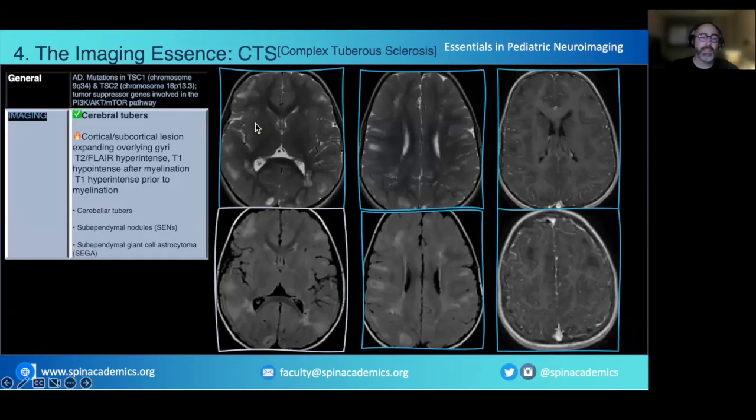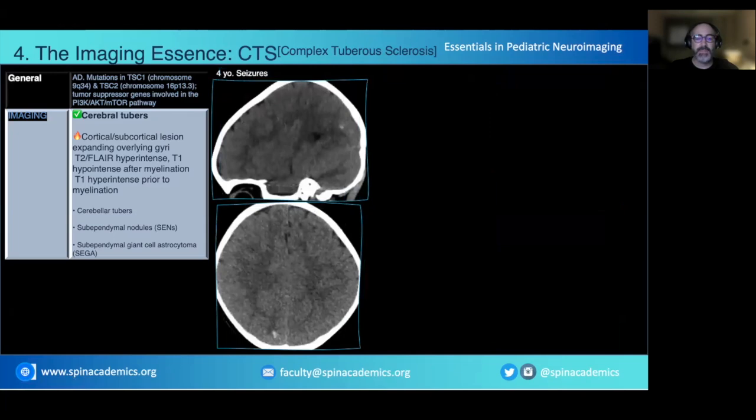Here, the cerebral cortical tubers, very typical hyperintense lesions, cortical-subcortical lesions, expanding the gyri, very typical of cortical tubers. Could have calcifications and usually don't enhance.